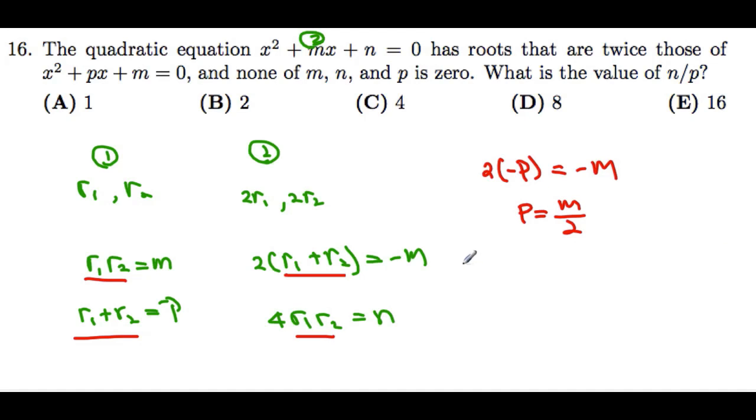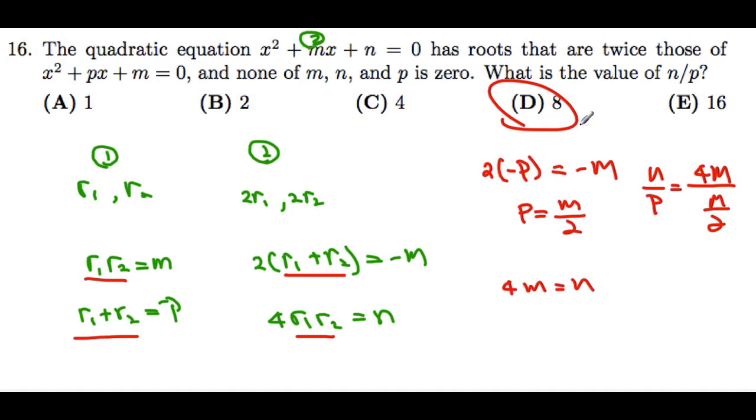Now, on the other hand, when you plug in M for R1 times R2 in this location, then 4M must be equal to N. So using these two equations, we can plug them in here. Then N over P must be equal to 4M over M over 2. So obviously the M's cancel out. This becomes 8. Choice D becomes our answer.